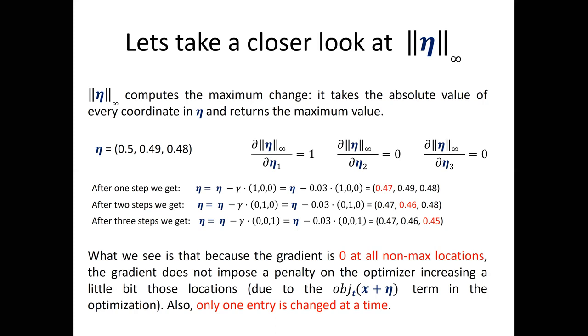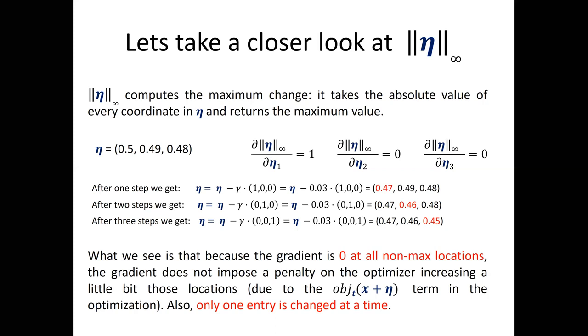The second problem is that this minimization of the L infinity norm interacts with the other parts of the objective function, this opt function, this proxy function that we discussed before. There is no penalty anywhere in the optimization that prevents the optimization of the opt function from pushing the values in eta back up higher.